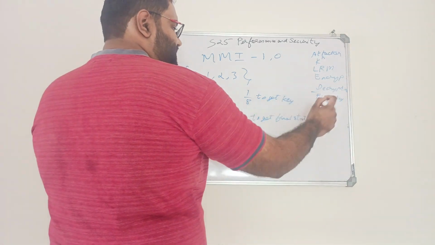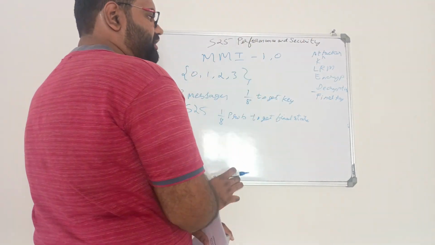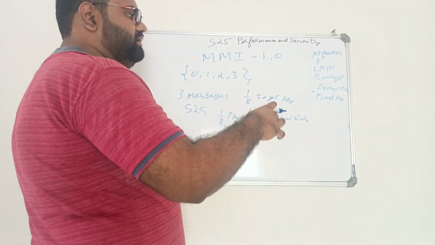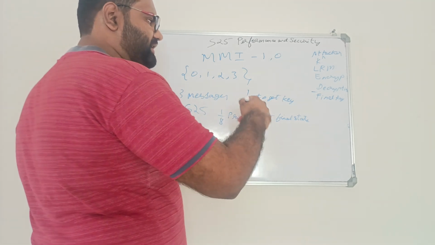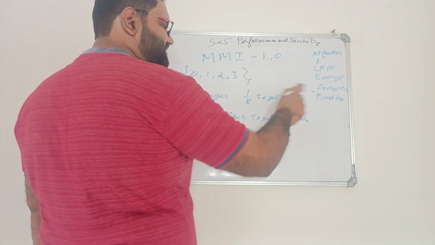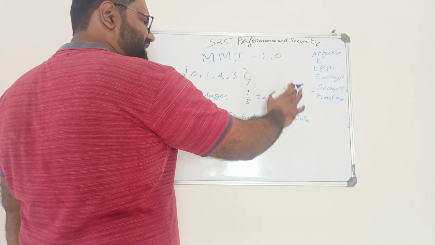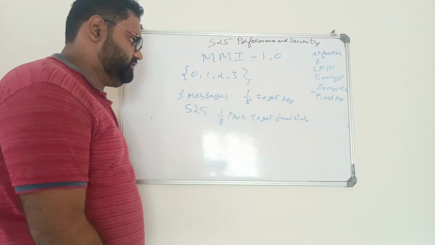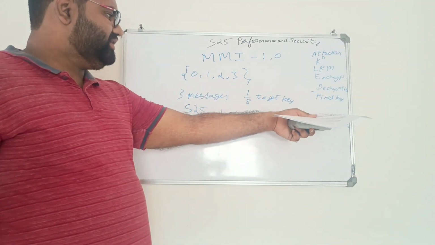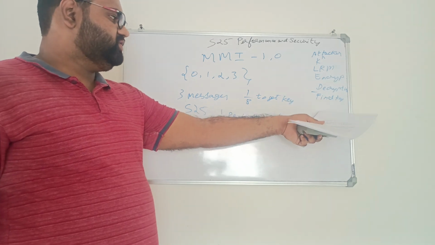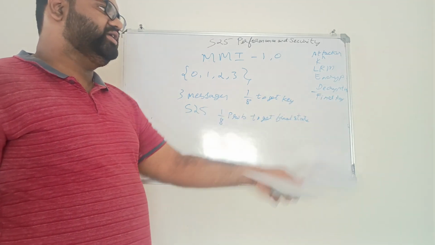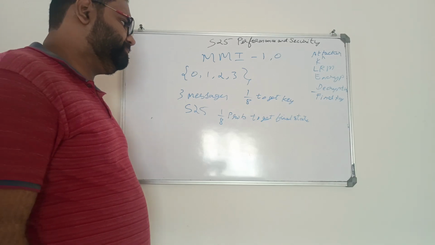So if he doesn't have any of these things, or if there is some ambiguity, it just scales up extremely quickly, and then he's not able to access the final state. If he doesn't access the final state, he cannot access the final key. So even if he knows the final key scheme, he's not able to get access to it very easily.